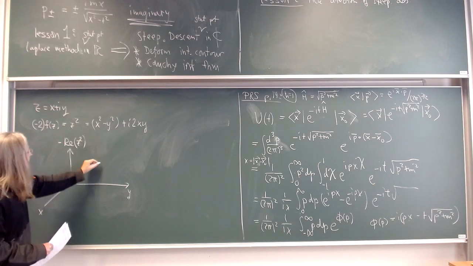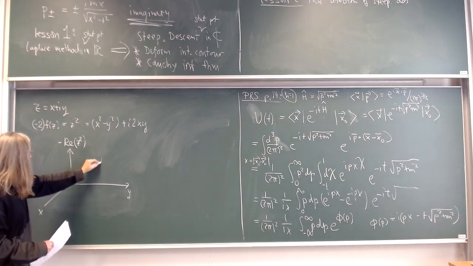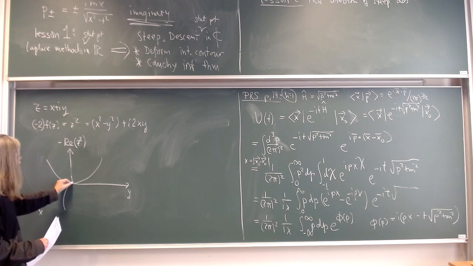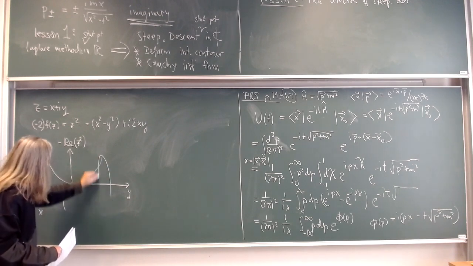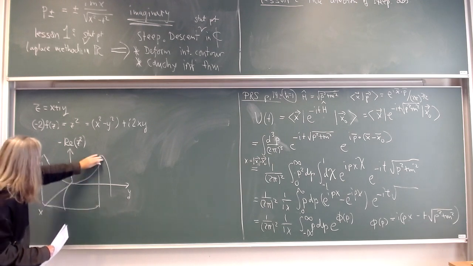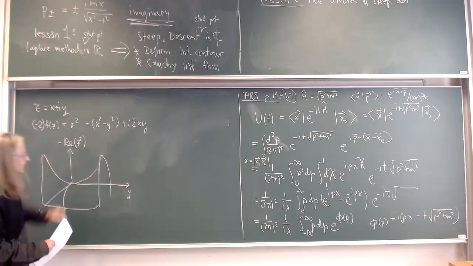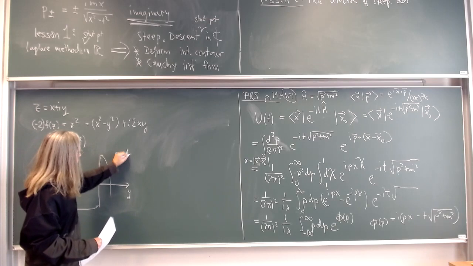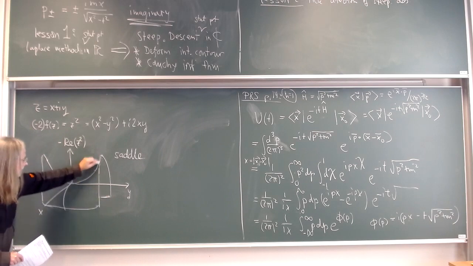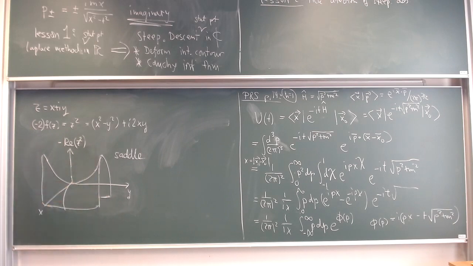I'm claiming that if y is 0, then it should be something like this, and if x is 0, then it should be something like this. So it should be something like, I'm trying to draw a saddle. Does that make sense? Can you see it? Right. I hope that's going to be the best I can do.